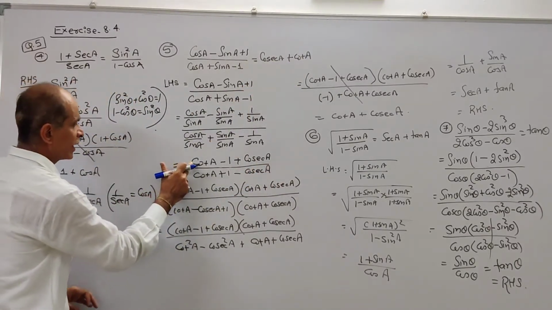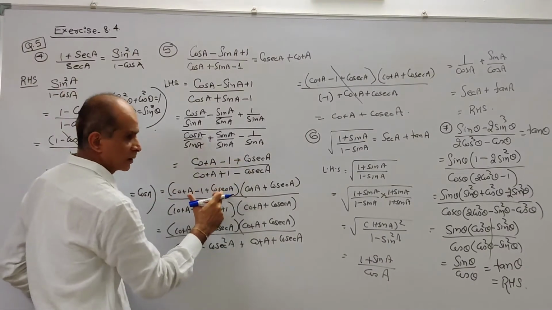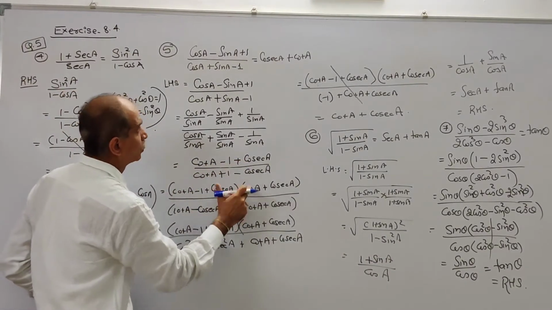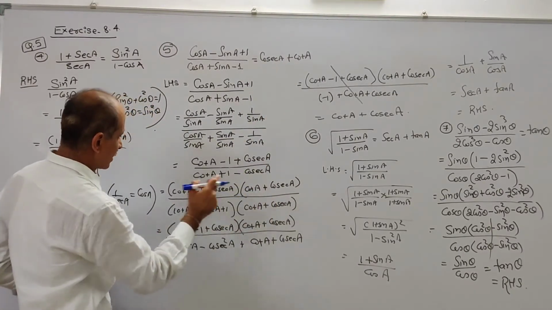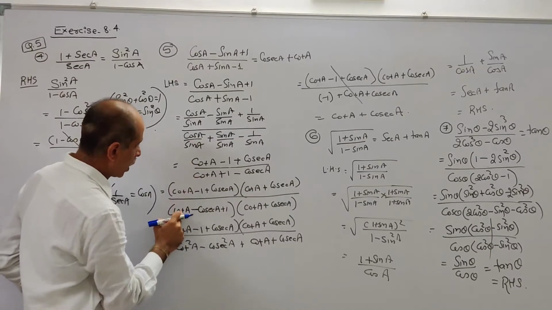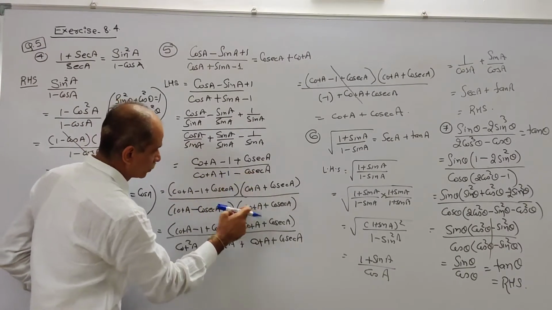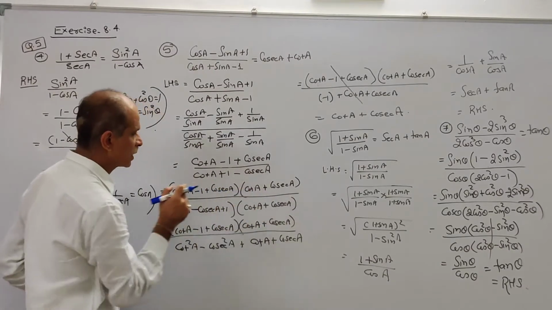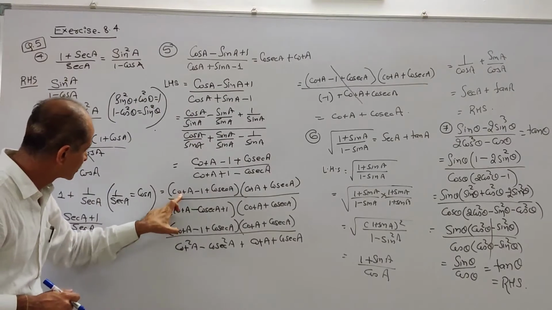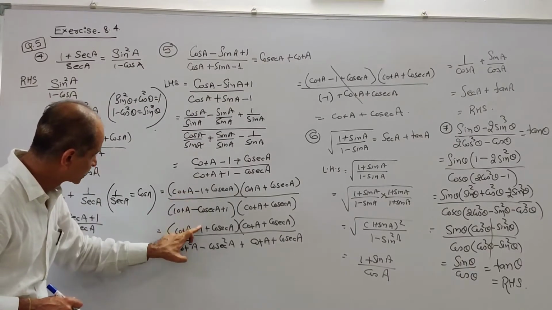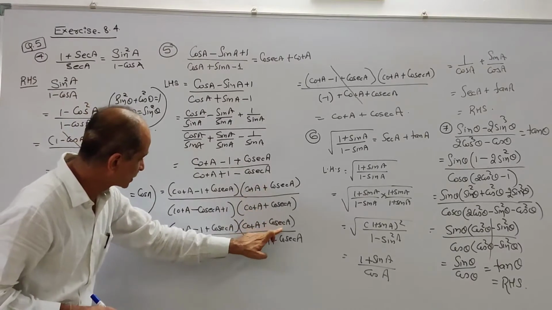So the numerator is (cot A minus 1 plus cosec A) into (cot A plus cosec A). Similarly, in the denominator, (cot A minus cosec A plus 1) into (cot A plus cosec A). Now the numerator is as it is: (cot A minus 1 plus cosec A)(cot A plus cosec A).